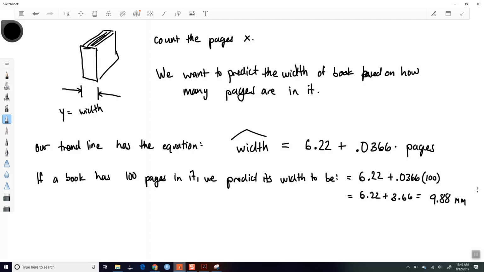I think this was in millimeters. So we predict the width to be 9.88 millimeters. That's just using the equation.